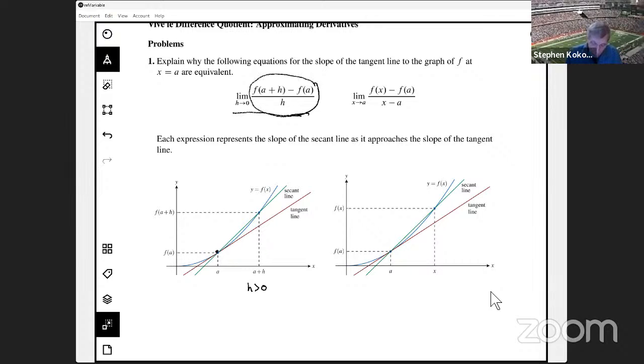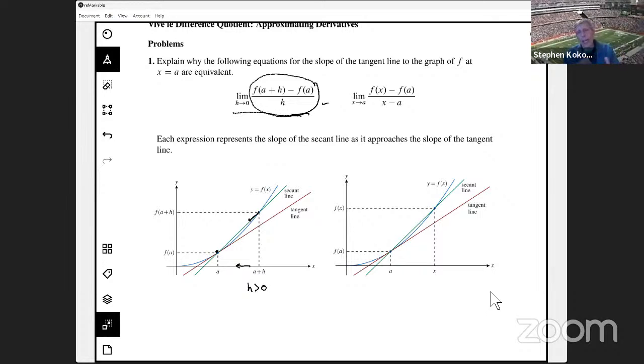And by looking at my graph, I think I can convince my students that as this point gets closer and closer to A, as H gets smaller and smaller, as this point moves down the graph, the secant line gets closer and closer to the tangent line. And it seems reasonable that this slope should get closer and closer to the slope of the tangent line.